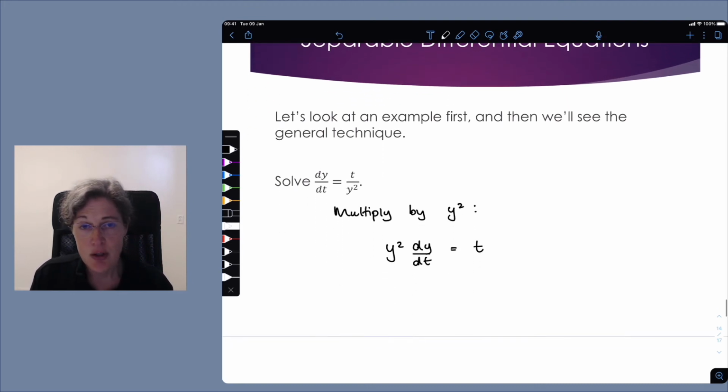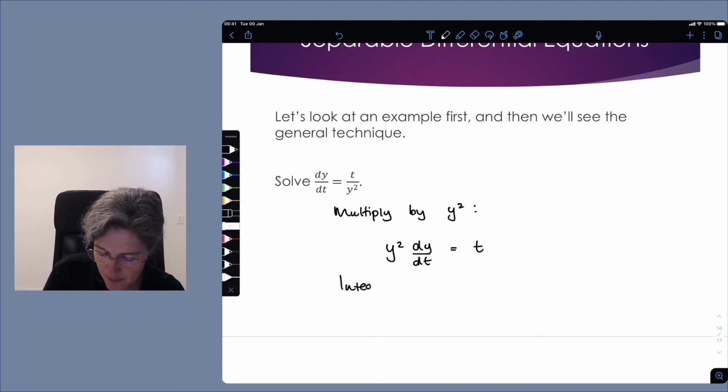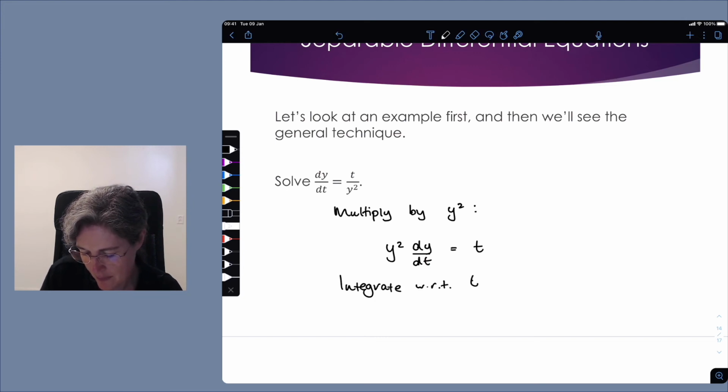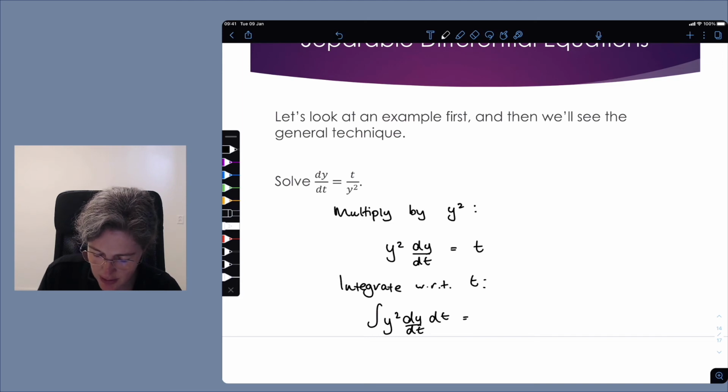And then the next thing we're going to do is integrate both sides with respect to t. So that gives us the integral of y squared dy by dt with respect to t is equal to the integral of t dt.